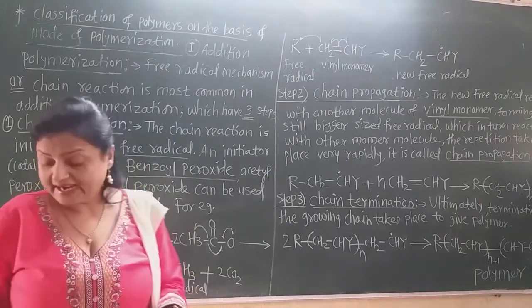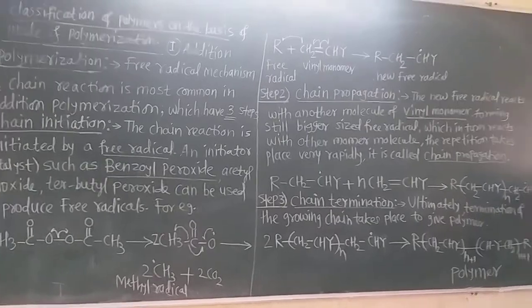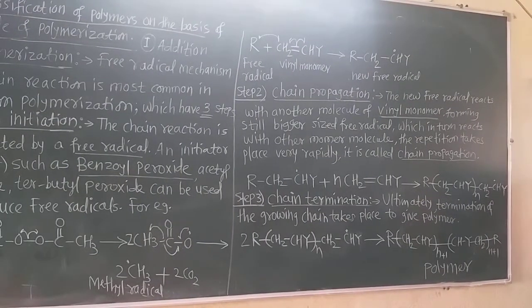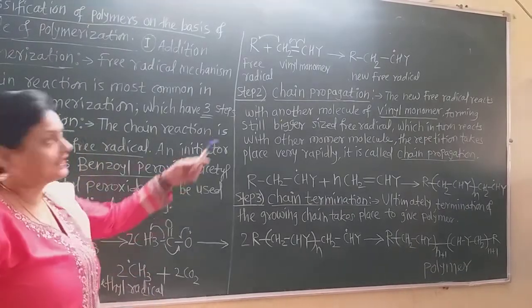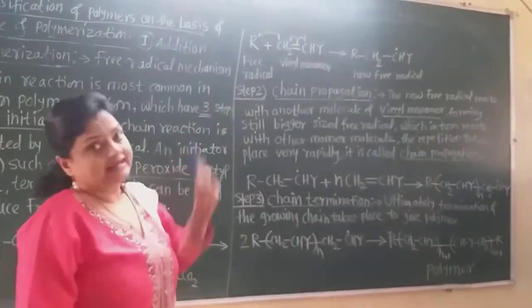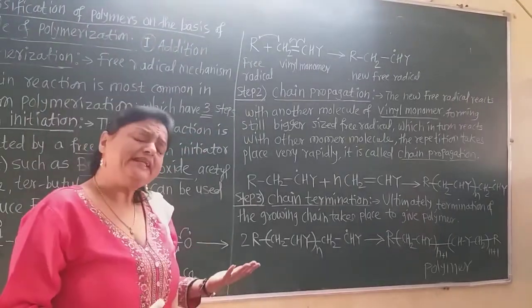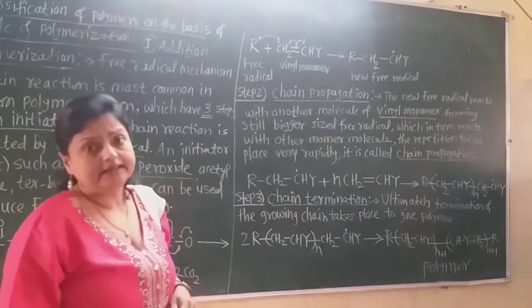Now, what happened? Suppose this methyl free radical, we can call it the alkyl radical. And we know that we show the alkyl group by this capital R. Suppose these methyl free radicals are this capital R, that is the alkyl free radical. Suppose it may be methyl, ethyl, any. So I show here the R, that is the alkyl free radical.